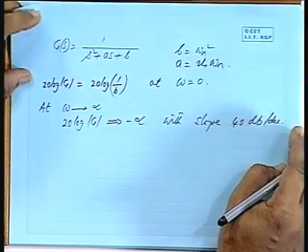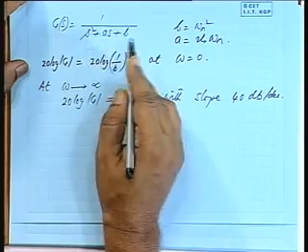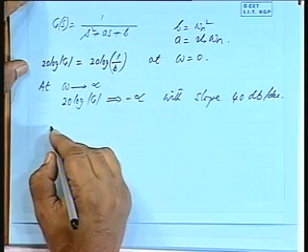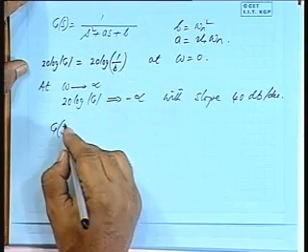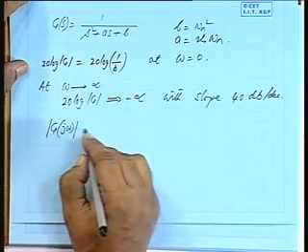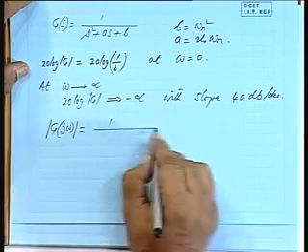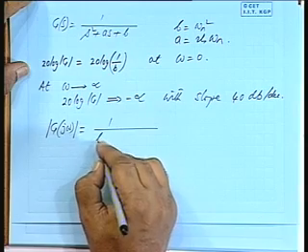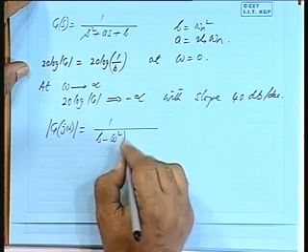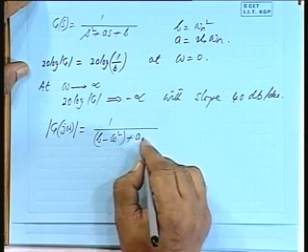When is it maximum? Suppose a is reasonably small. Let us compute that. The magnitude of G at j omega is 1 by the magnitude of b minus omega squared plus a omega j.